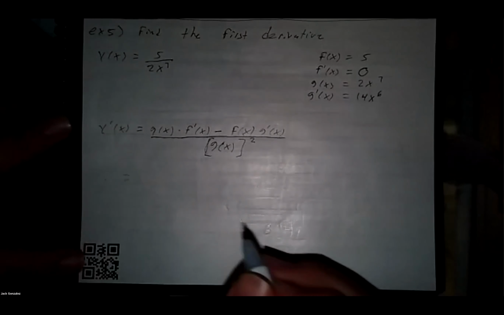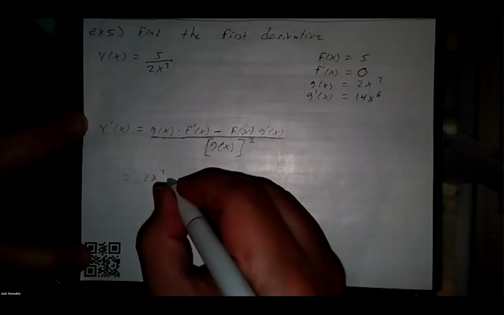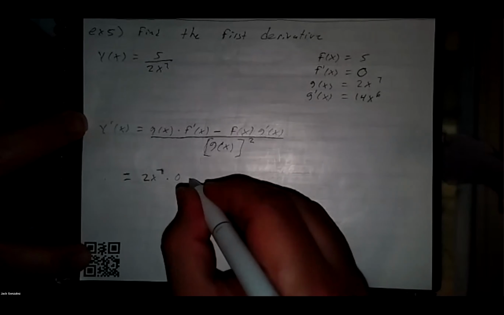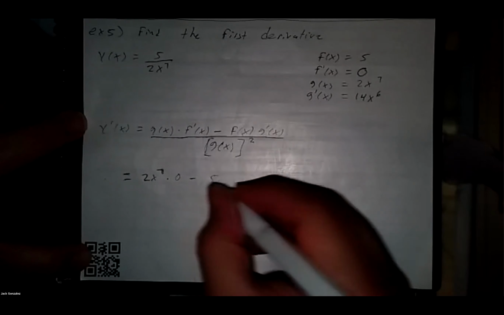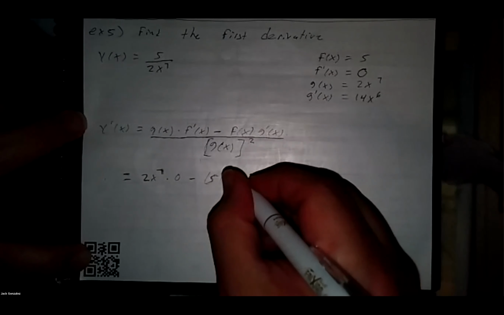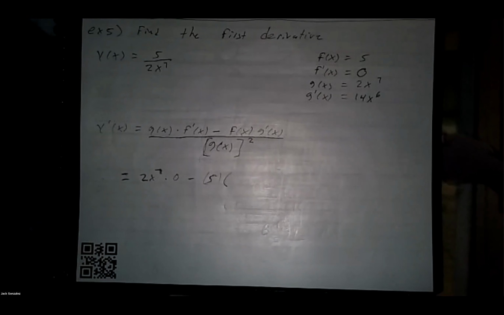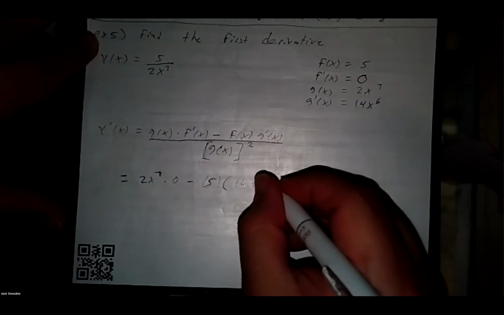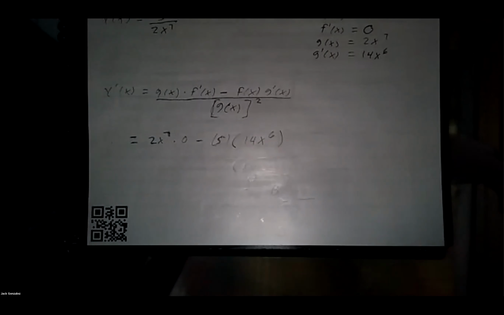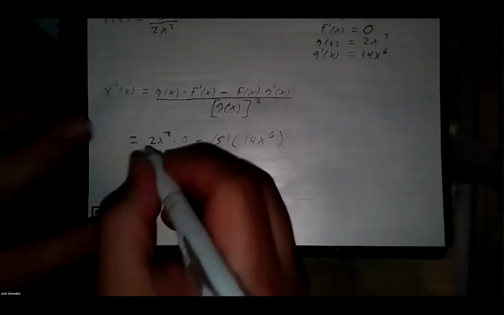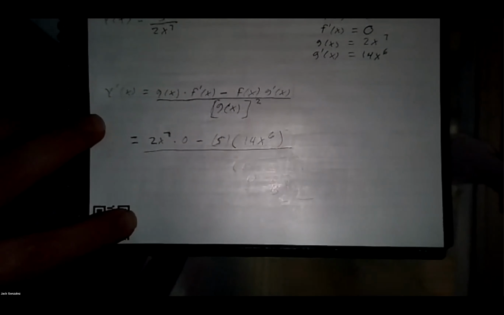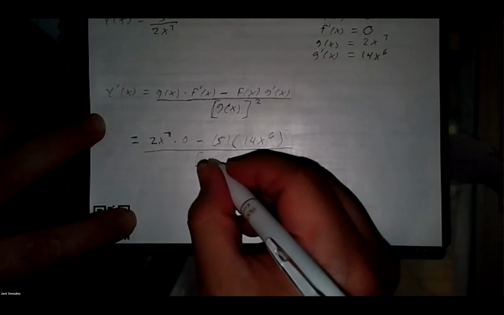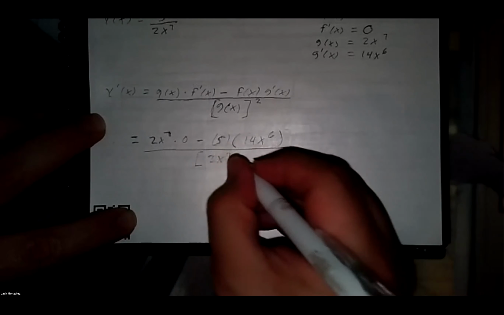So g is 2x to the 7 times 0, minus 5 times g prime, which is 14x to the 6, over g of x squared. So that will be 2x to the 7 squared.